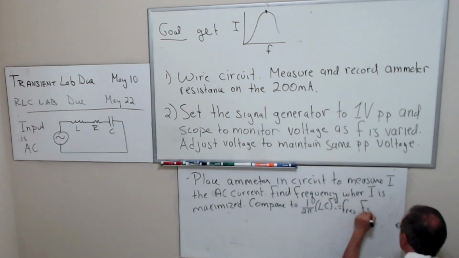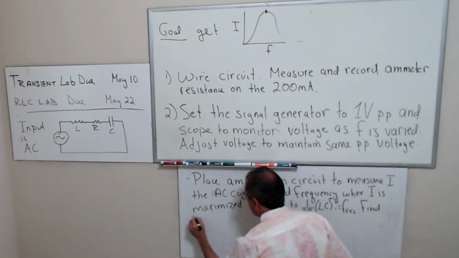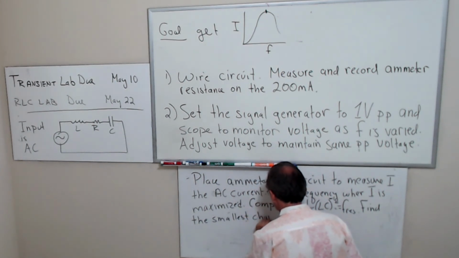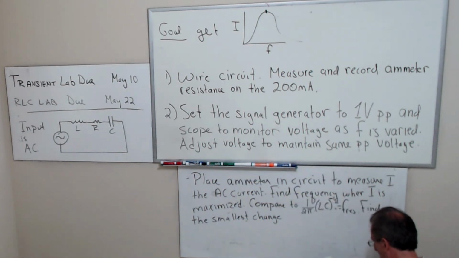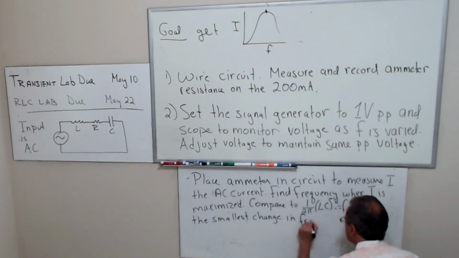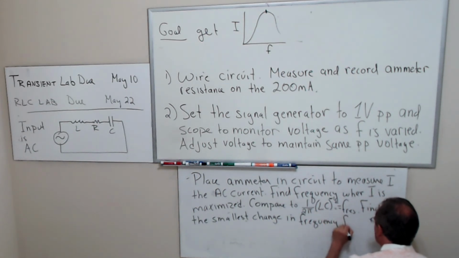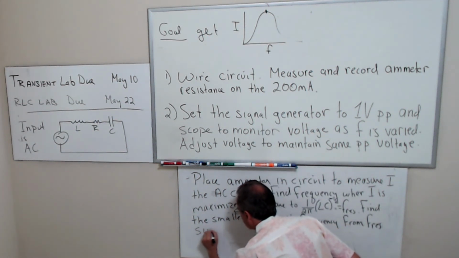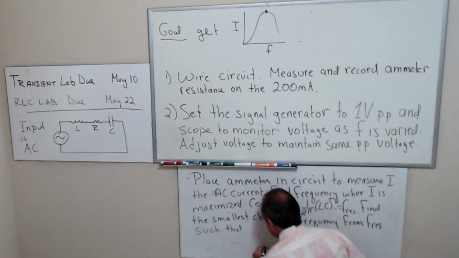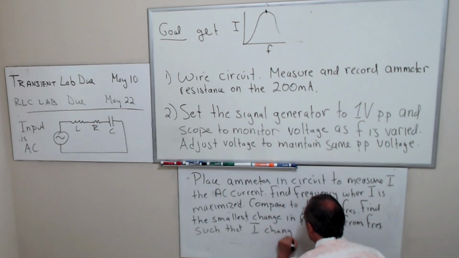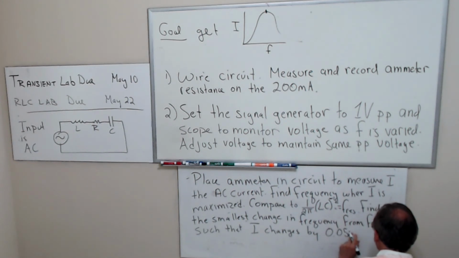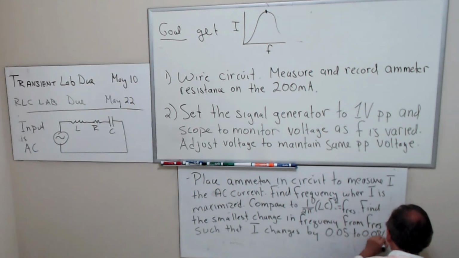Okay, find the smallest change in frequency from FRES such that the current changes by, let's say, 0.05 to 0.08 amps.